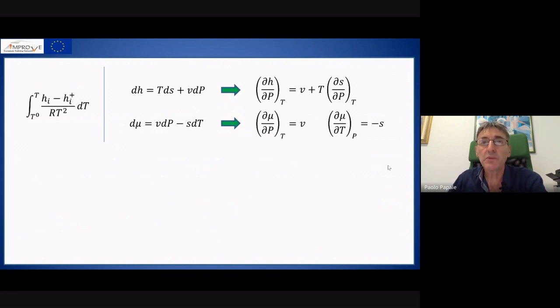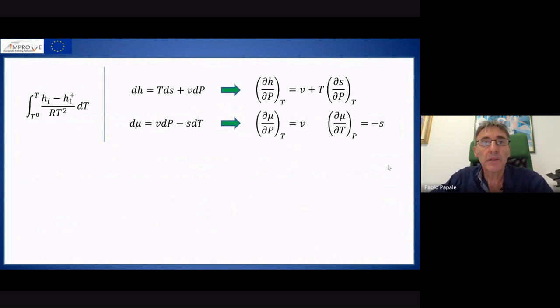From the first expression, we obtain the pressure partial differential of molar enthalpy, that we find to be a function of the pressure partial differential of entropy. From the second expression, we obtain the pressure and temperature partial differentials of the chemical potential that we have used already in the previous slides.